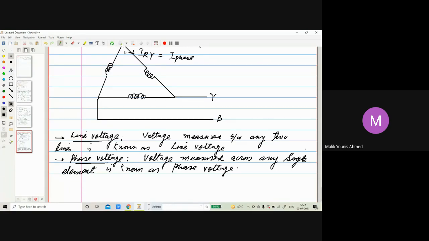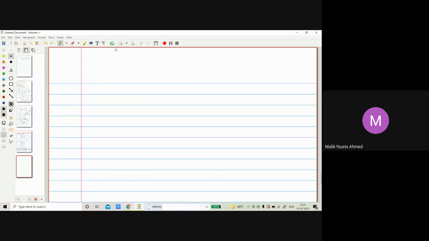Let me add another page. And we have line voltage, we have phase voltage, then we have line current and phase current. We'll talk about the line current and the phase current.